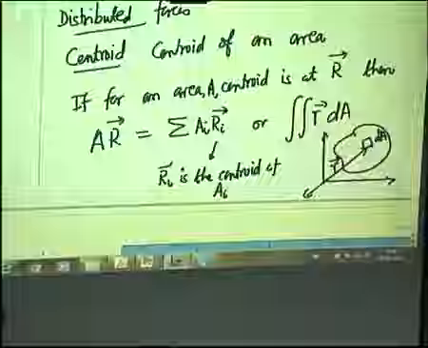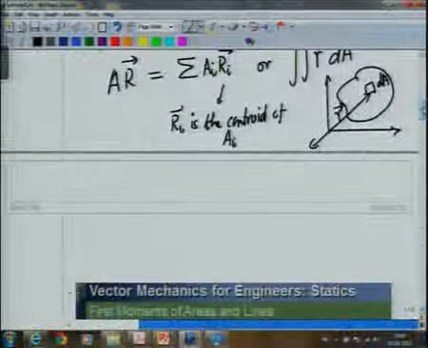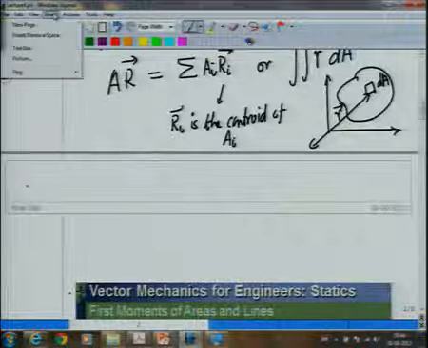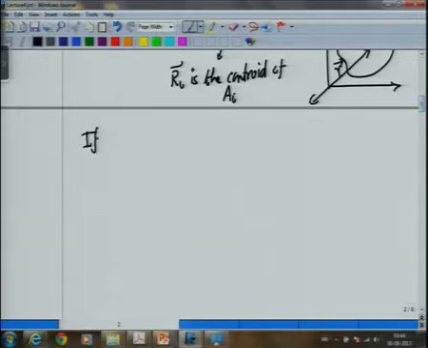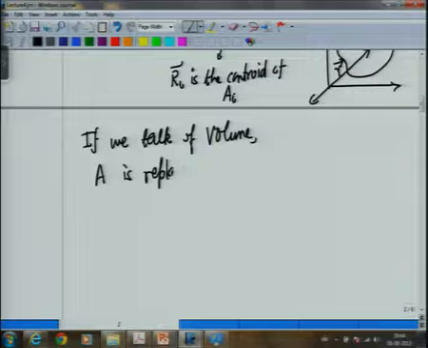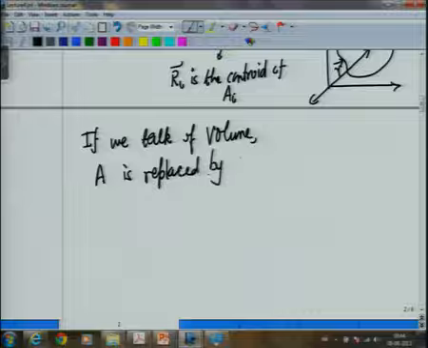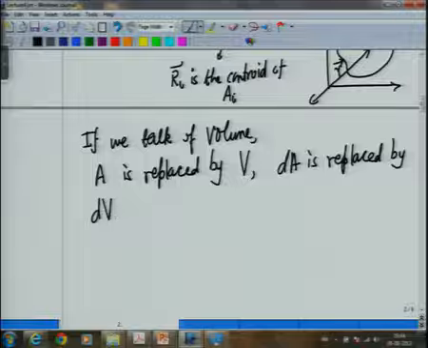So if we talk of a volume, A is replaced by V and dA is replaced by dV.